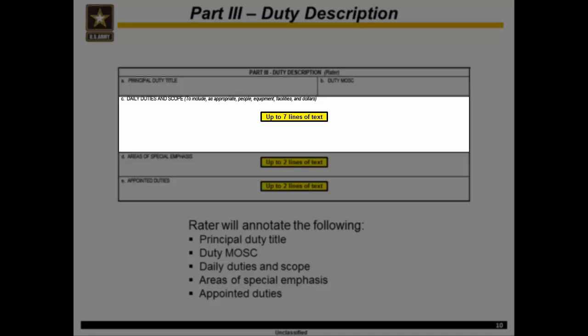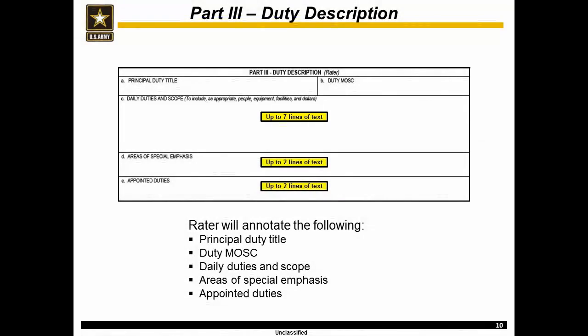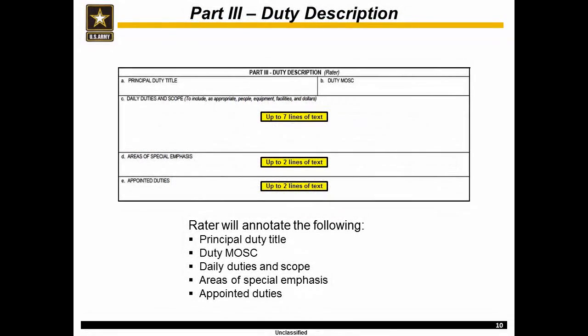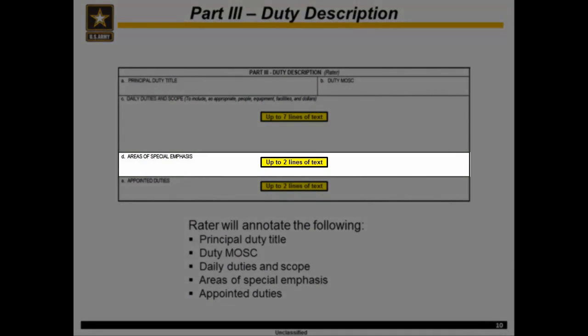Unless changes occur during the rating period, the duty description on the NCOER should be the same as the one on the NCOER support form. Note, written in a series of phrases starting with action words separated by semicolons and ending in a period, use present tense.